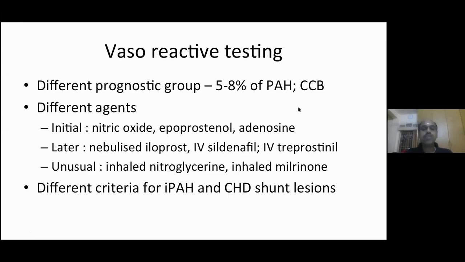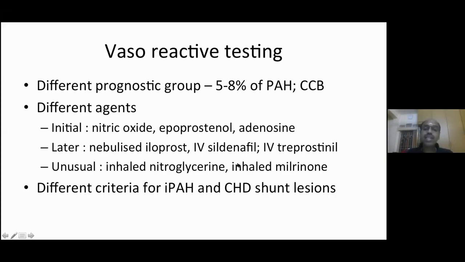Later, it was observed that much simpler agents like nebulized iloprost, intravenous sildenafil bolus, and intravenous treprostinil bolus can also give similar comparable results, but all these are anecdotal reports by individual authors.